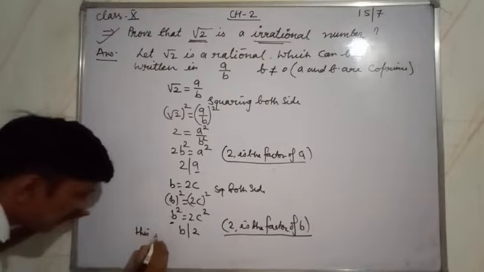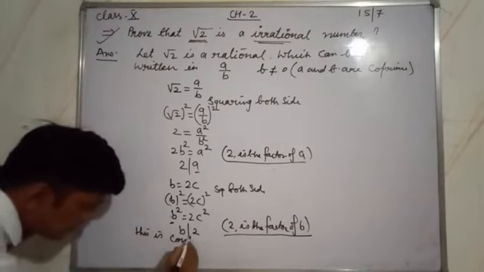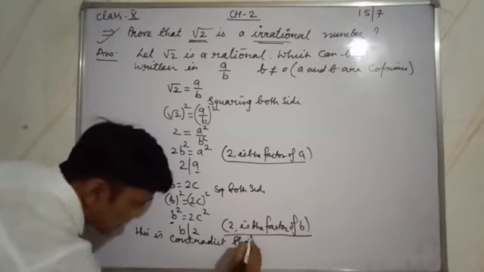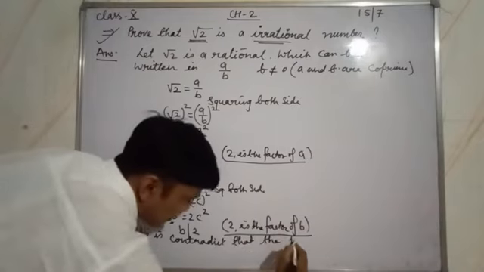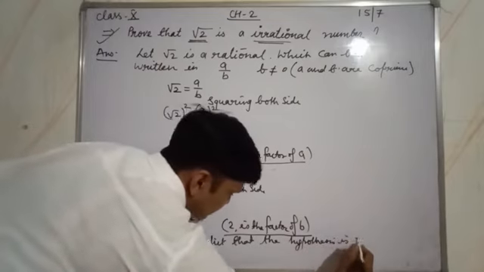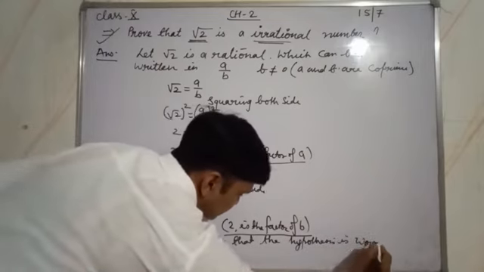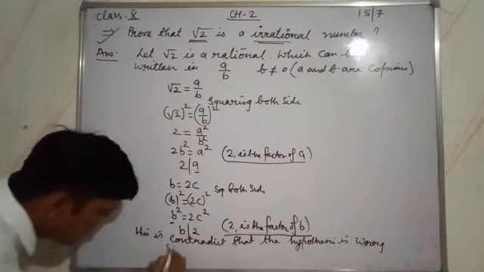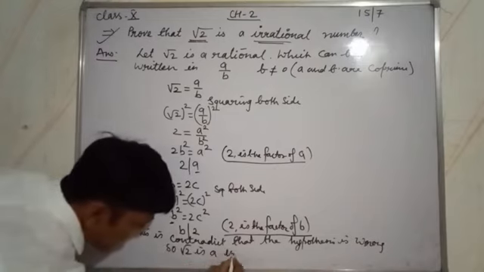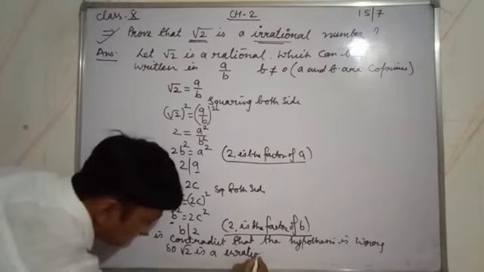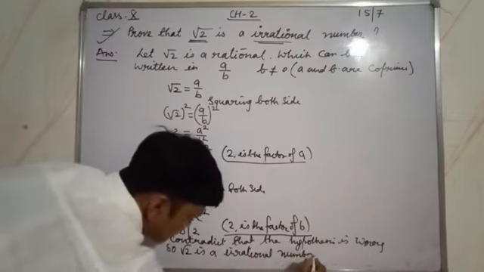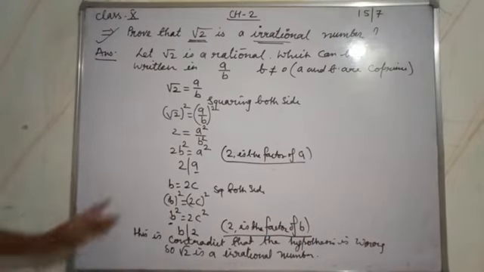This is a contradiction, so the hypothesis is wrong. So under root 2 is an irrational number. Okay, see you again.